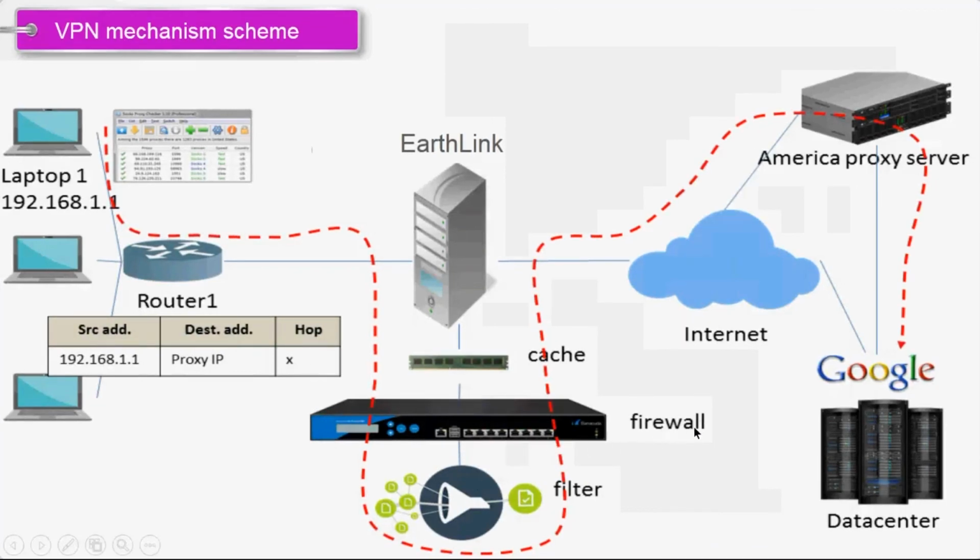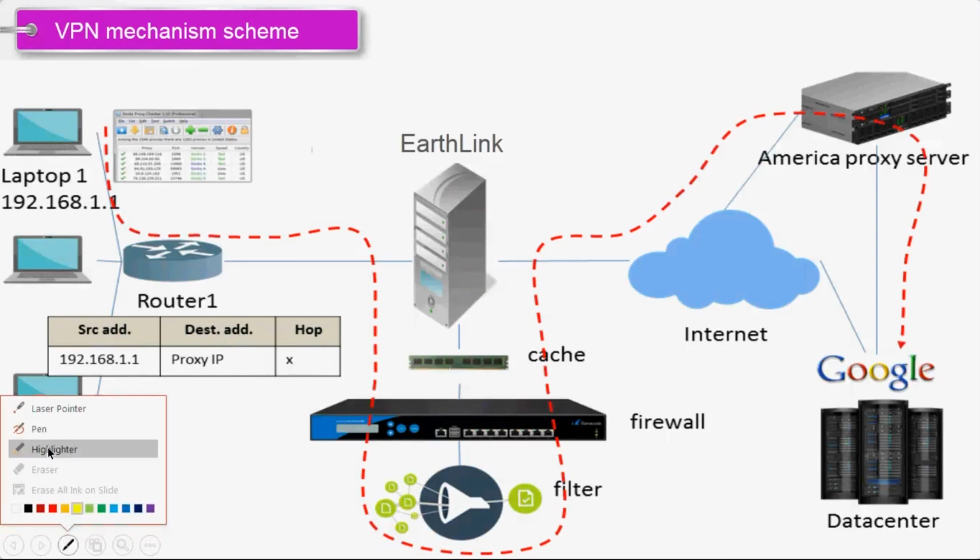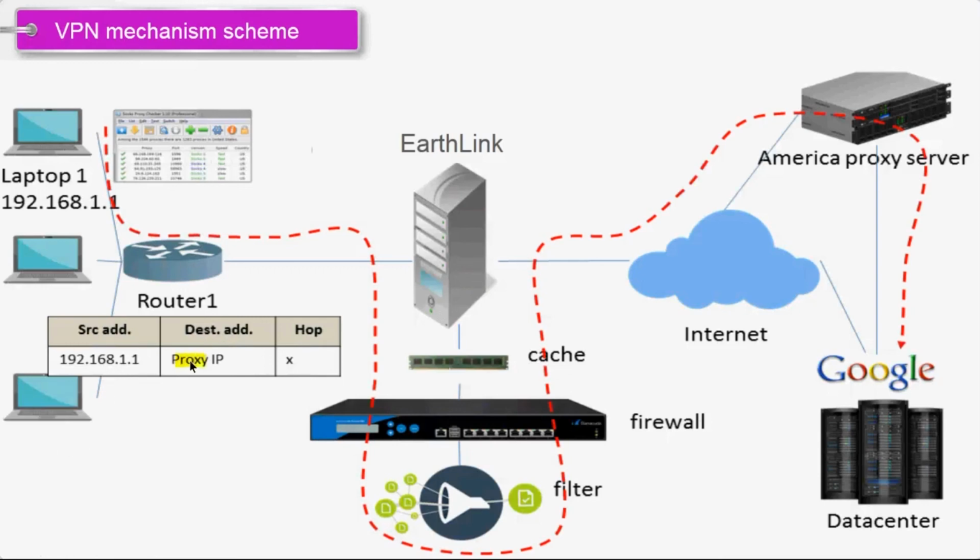You remember when I said firewall? It just checks the proxy ID. Yes, we remember that. So just the destination address. But with deep packet inspection, in the firewall, all the packets sent from the PC will be opened one by one and checked for the address of Google.